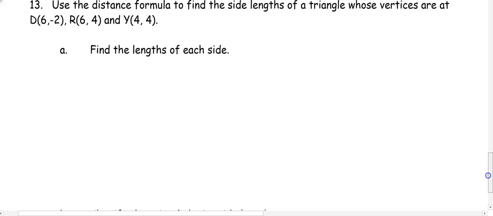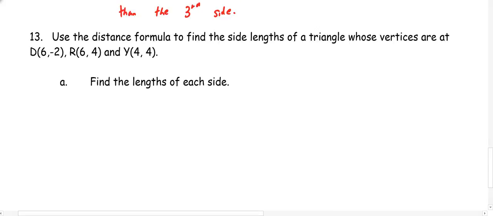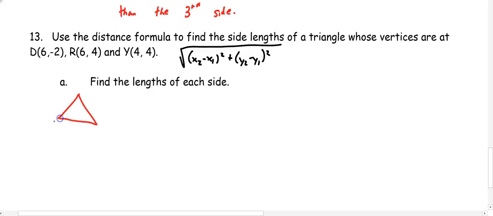Number 13, use the distance formula to find the side length of the triangle whose vertices are given. So remember the distance formula is the square root of x2 minus x1 squared plus y2 minus y1 squared. So in our triangle, we have triangle DRY. I need to find the side length of DR first.